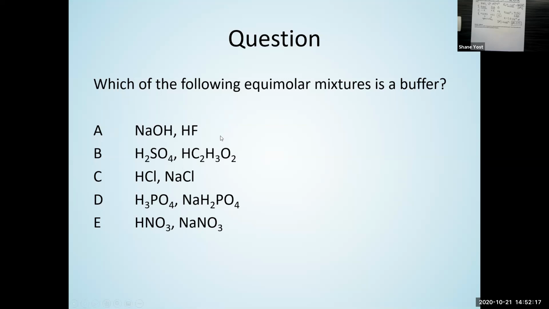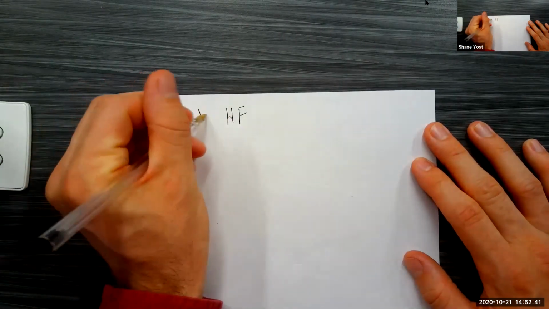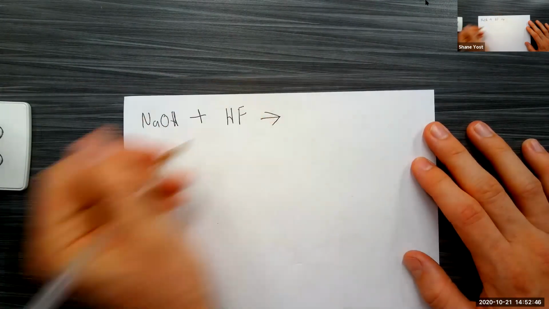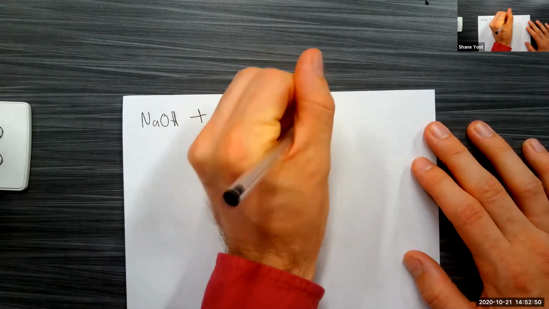So I have sodium hydroxide plus hydrofluoric acid. Let's say I add sodium hydroxide and hydrofluoric acid in solution. Well, sodium hydroxide is a base, hydrofluoric acid is an acid. These will react with each other because they're not conjugate acid-base pairs, and this will form sodium fluoride plus water.